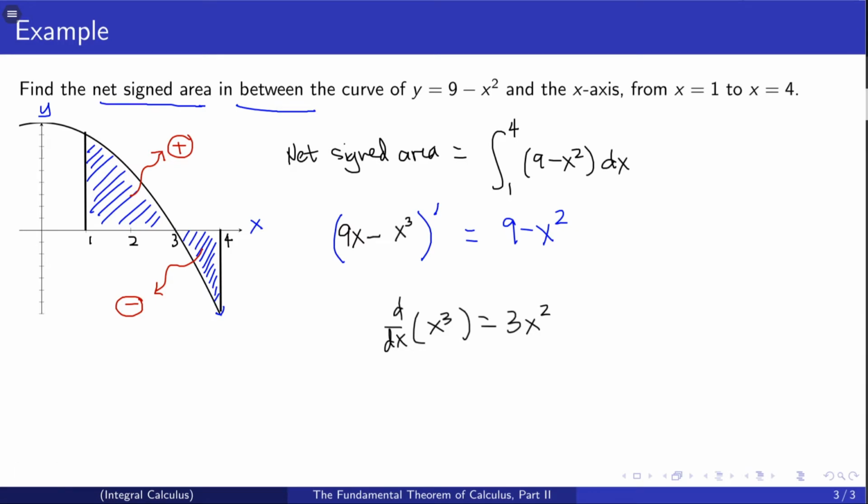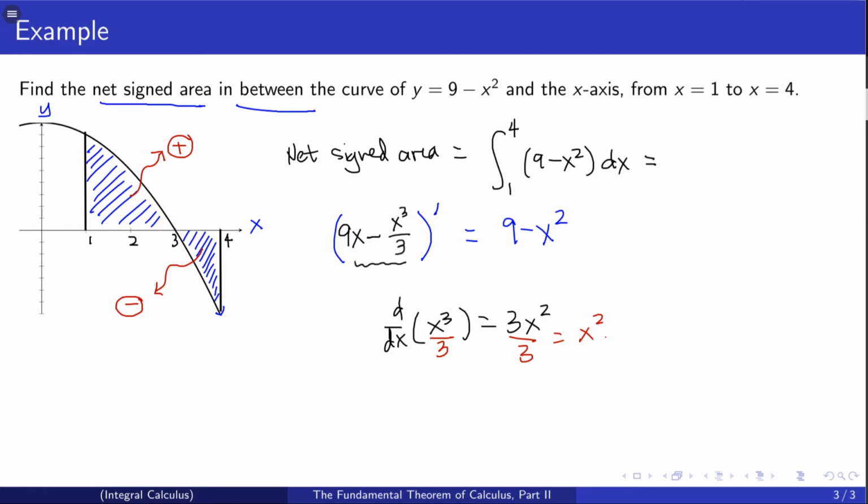But we don't need 3x squared, we just need x squared, which means we need to divide by 3 so that we just get x squared as the result. So in fact, we need x cubed divided by 3 inside here. And now that's our antiderivative.